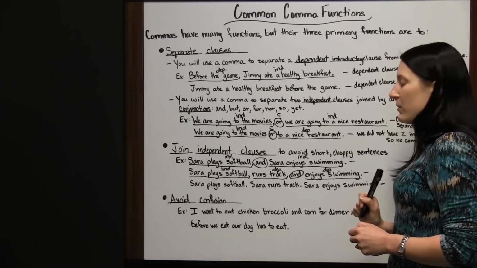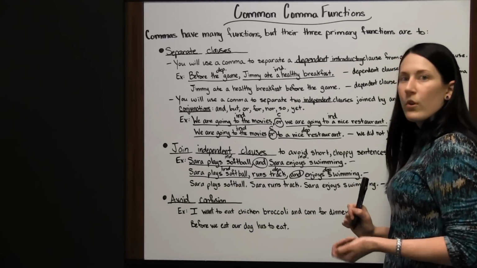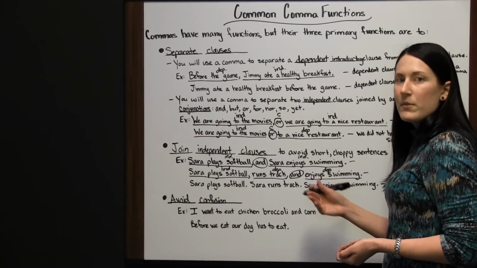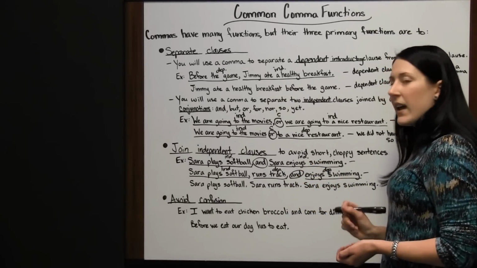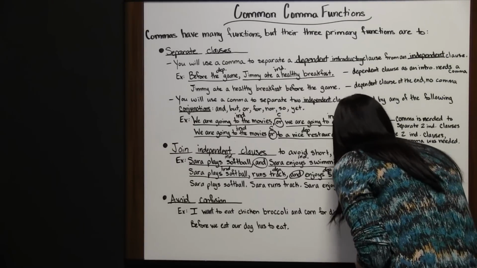The reason we're going to put commas here is because you've got three or more items in a series. If you list three or more items or clauses, activities in a series, you're going to separate them with commas.